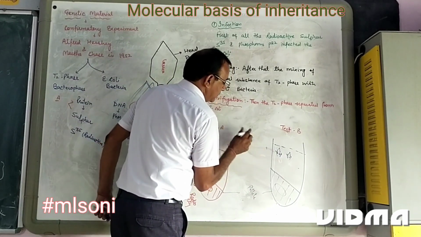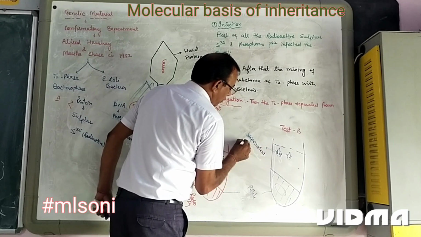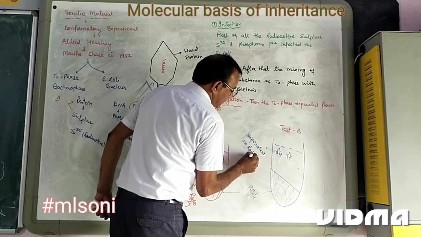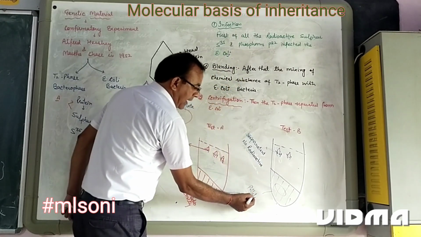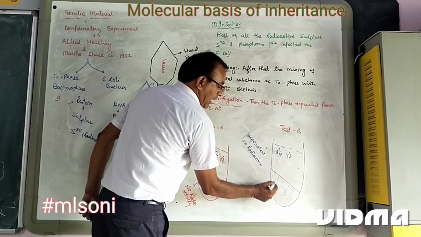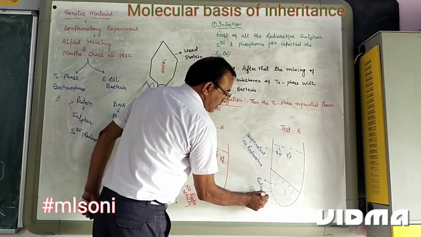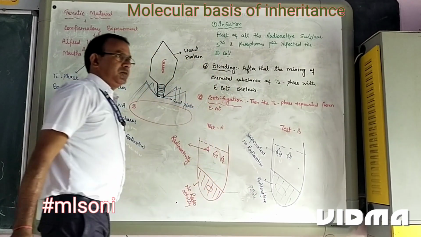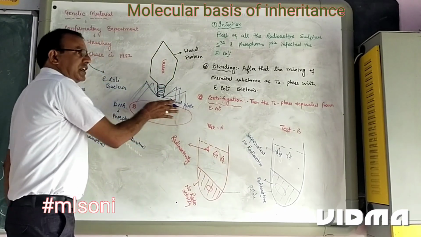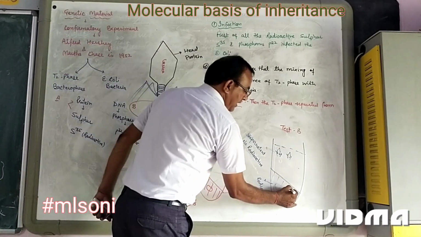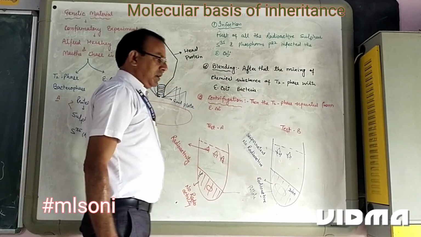In the supernatant there is no radioactivity, but in the E. coli pellets they saw radioactive substance containing phosphorus, and we know that the substance which contains phosphorus is DNA, and sulfur is in protein.